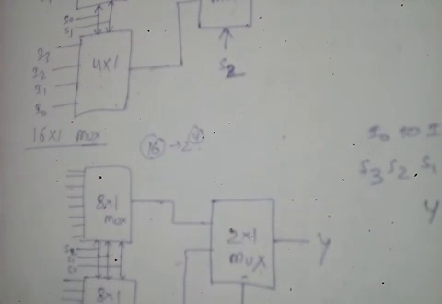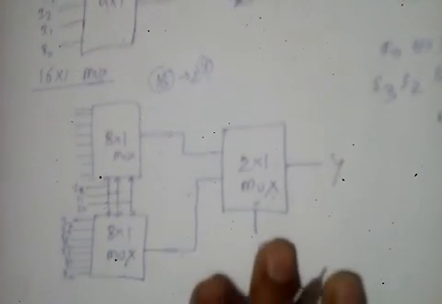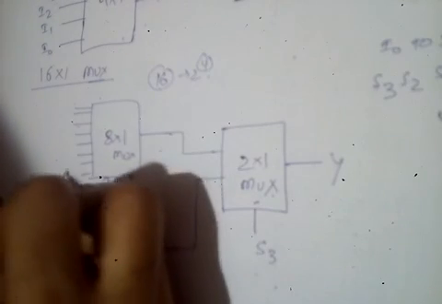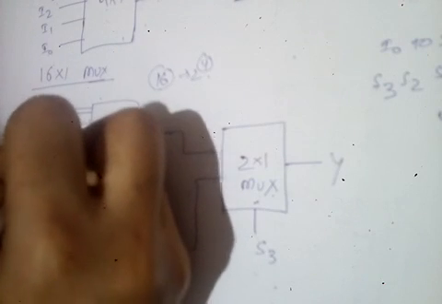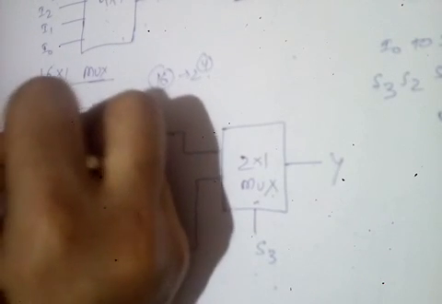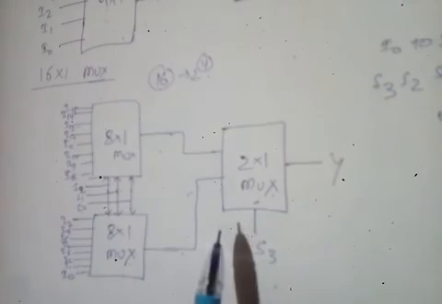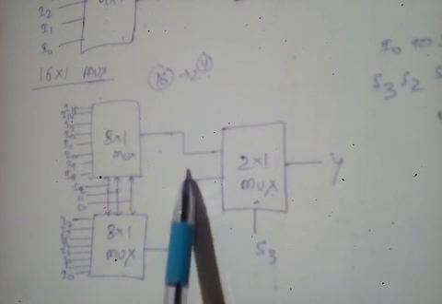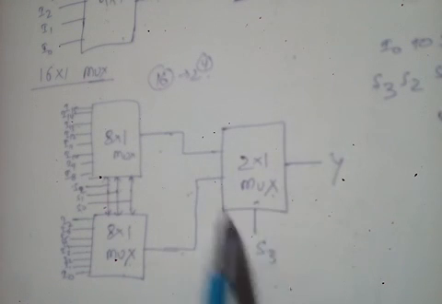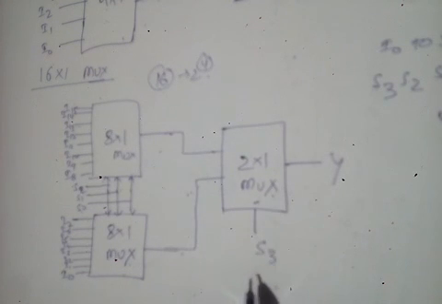The inputs of the lower 8 by 1 mux are I0, I1, I2, I3, I4, I5, I6, I7, and for the upper 8 by 1 mux they are I8, I9, I10, I11, I12, I13, I14 and I15. The output of the first stage of 8 by 1 multiplexers is applied as input of the 2 by 1 mux, and the selection line is S3.